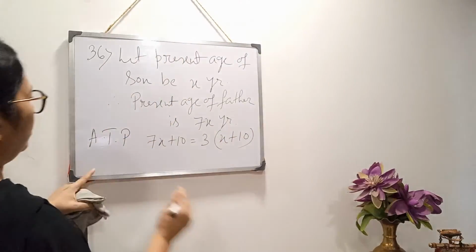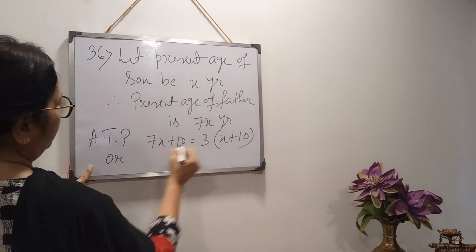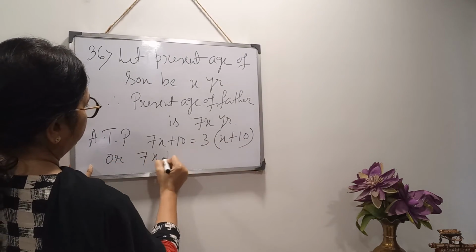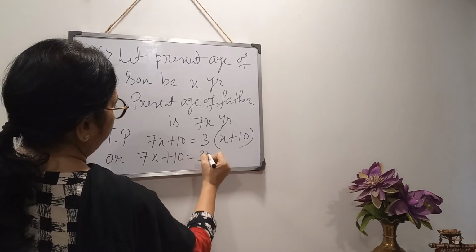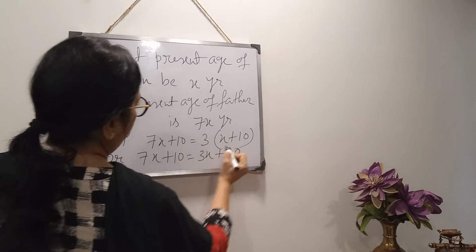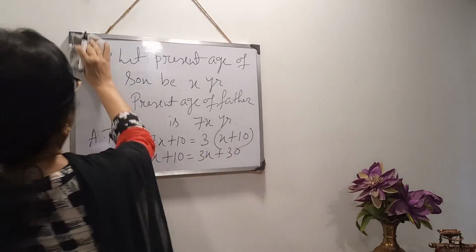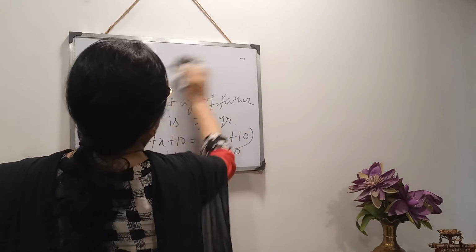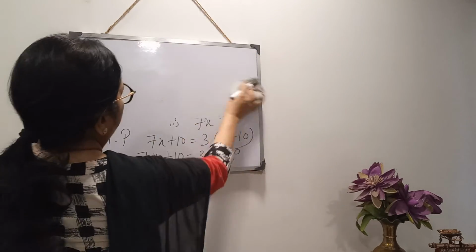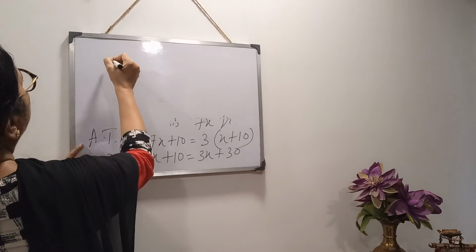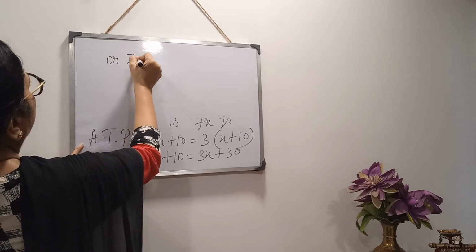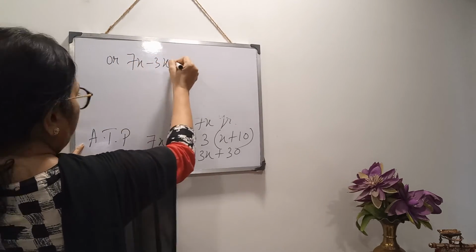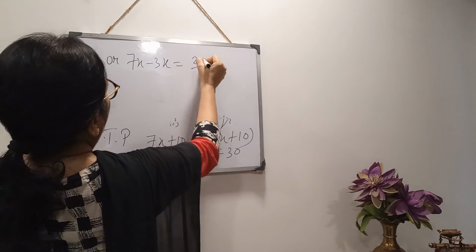Then we have to open the bracket first by multiplication. 3x plus 30. Then x related term, bring left hand side. And 10 will go right side.